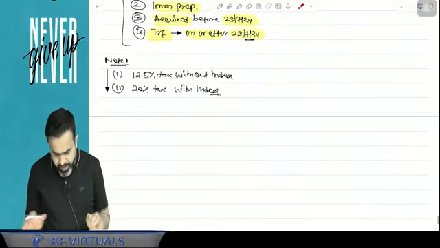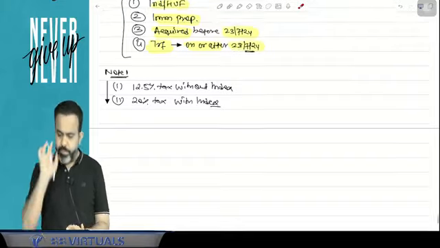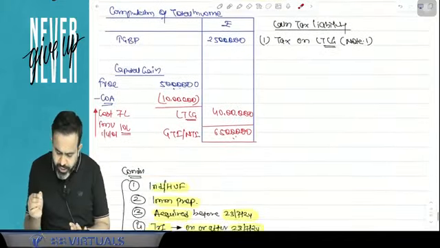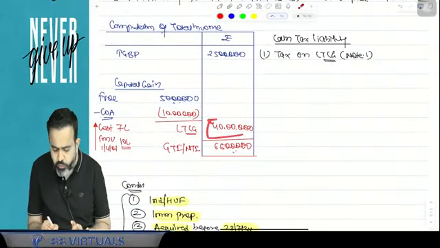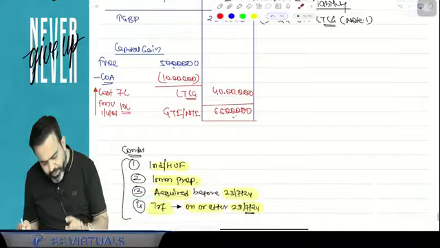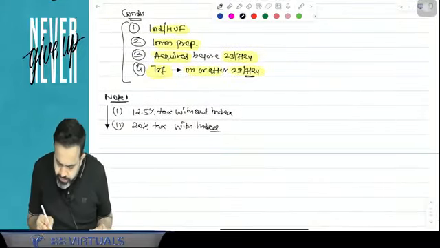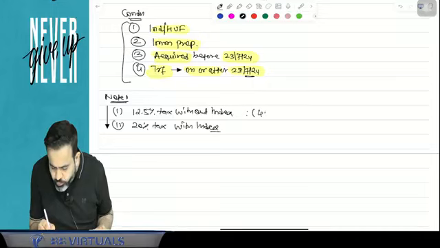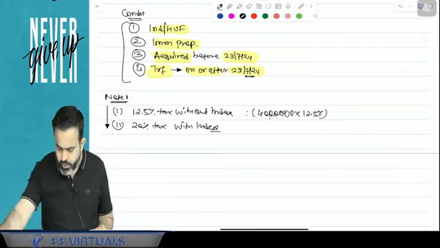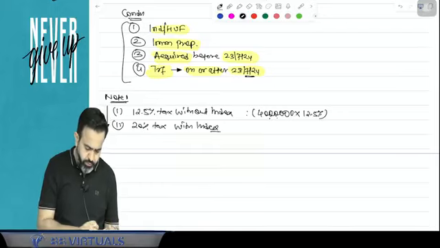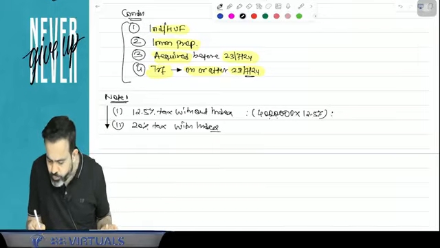Now if I calculate the 12.5% without indexation, your capital gain amount without indexation was 40 lakh rupees. So here I will calculate 40 lakh rupees multiplied by 12.5%, it comes to 5 lakh rupees.